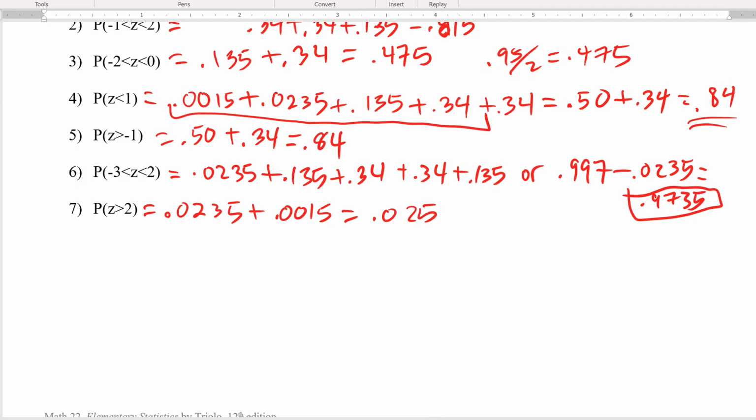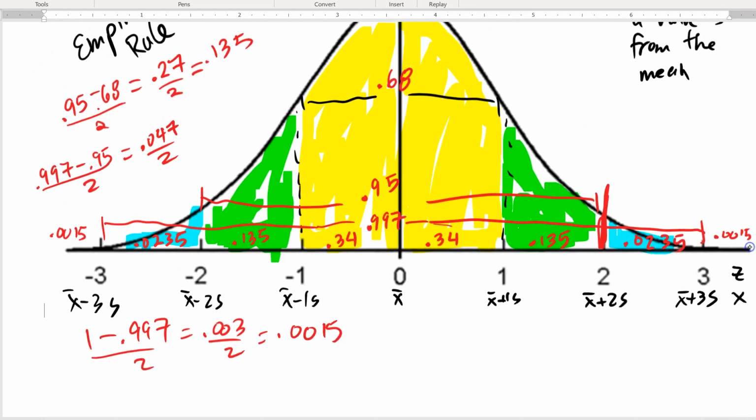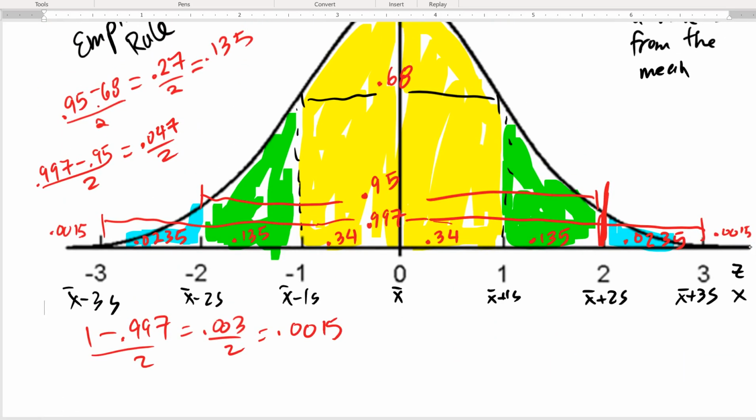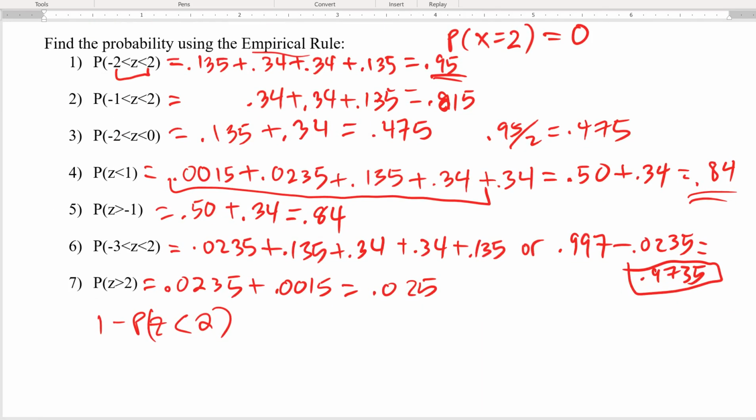Or I could take everything to the left of 2 and that would leave me everything to the right of 2. So I don't know if that would be any easier. 50%, 84%, 97.5. So 1 minus.